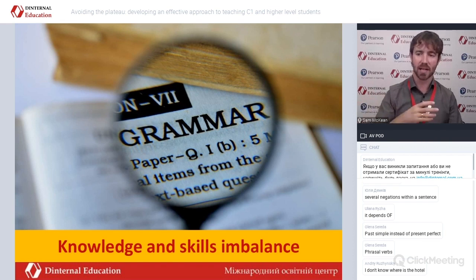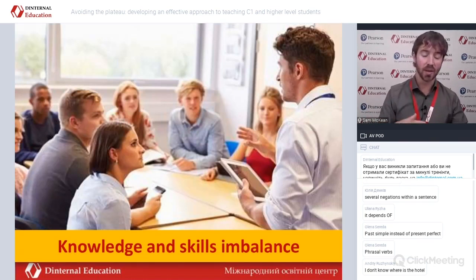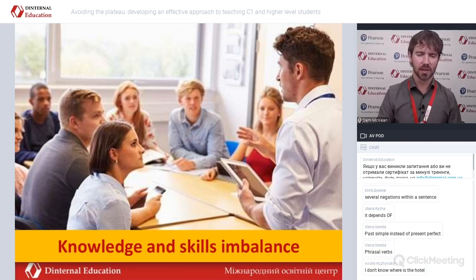They might be like a walking reference book, but they might not be able to write a well-structured essay, or they might not be able to speak fluently in a way which really shows off their fantastic vocabulary.